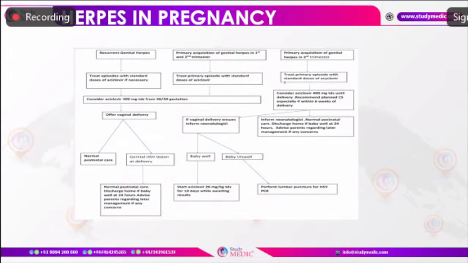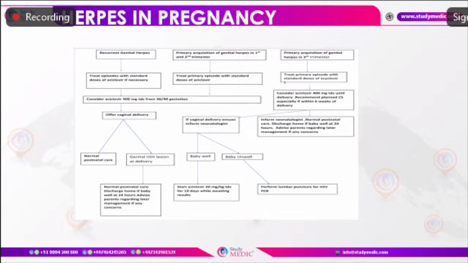Now, how do we deal with a case of herpes in pregnancy? The first thing we have to see is whether it is primary genital herpes or recurrent genital herpes. If there is primary genital herpes in the first and second trimester, the primary episode has to be treated with a standard dose of acyclovir. Primary herpes in the third trimester is also treated with standard doses of acyclovir.